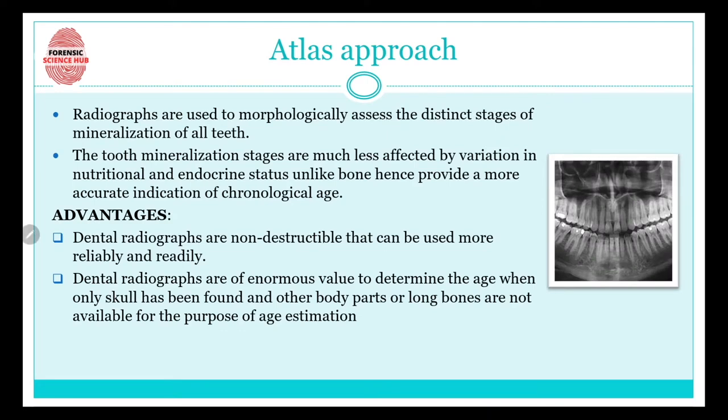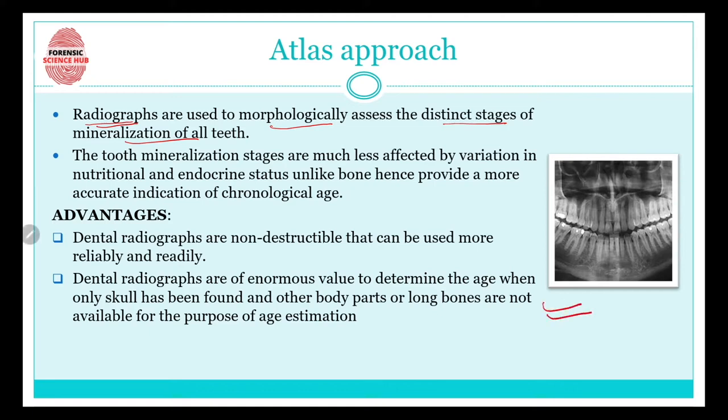Radiographs. In this method, radiographs are used to morphologically assess the distinct stages of mineralization of the tooth. A radiograph is basically a static image that is generated when X-rays are passed through the patient's teeth.